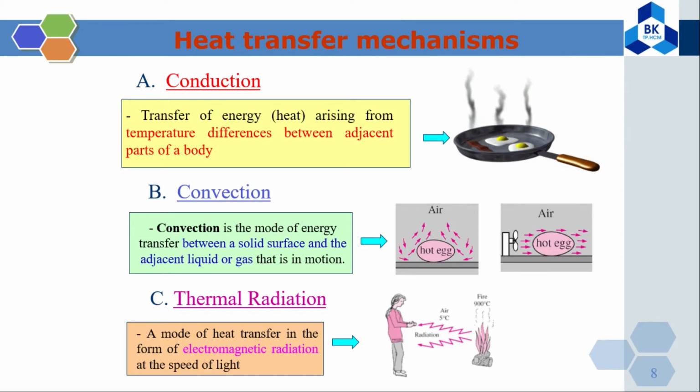In other words, the mode of heat transfer in the form of electromagnetic radiation at the speed of light we call thermal radiation. For example, the sun releases radiation to the earth, and between the sun and the earth there are no materials. So the sun releases thermal radiation through electromagnetic waves to the earth and heats up the earth. That is thermal radiation.